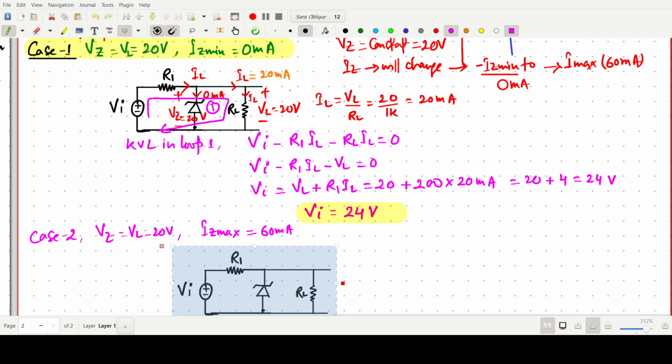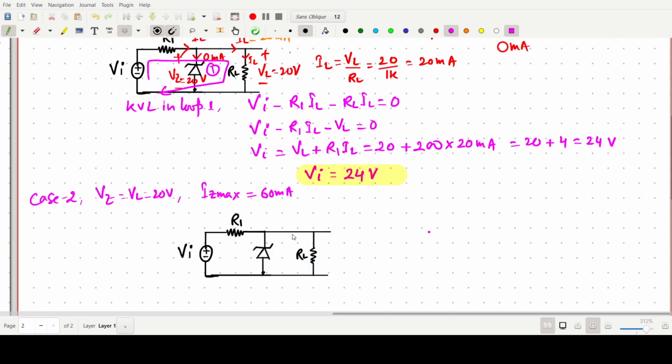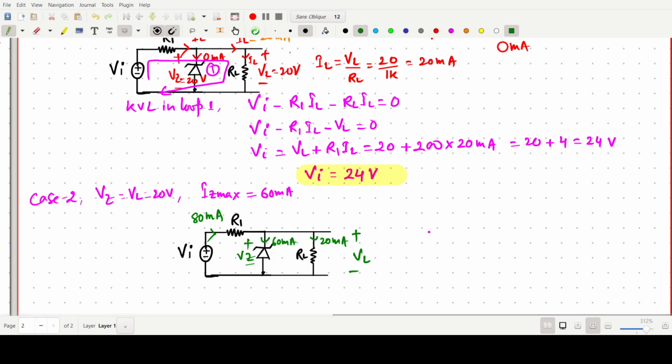So this is 60 milliampere and this should be 20 milliampere, because we have to maintain VL as a constant voltage, since the Zener acts as a regulator. So the overall current through this one will be 80 milliampere.